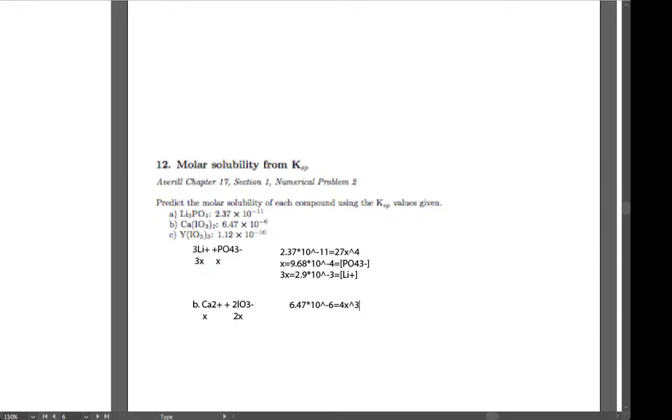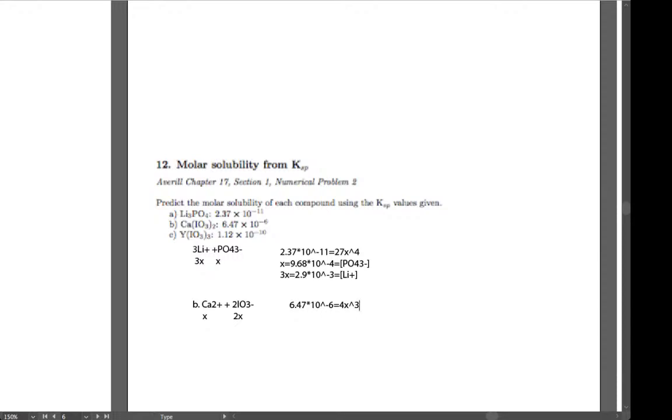Let's put that into our calculator. 6.47 times 10 to the power of negative 6, divide by 4, and take the cube root of the answer.